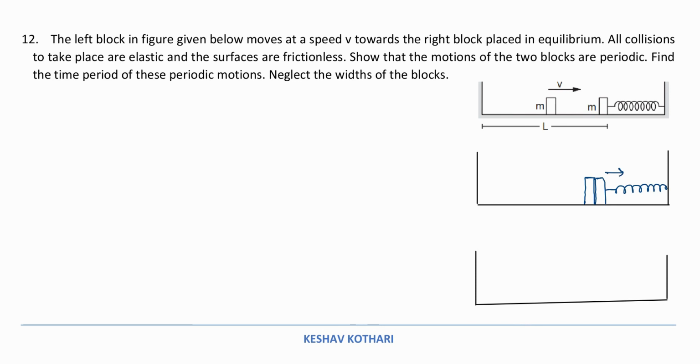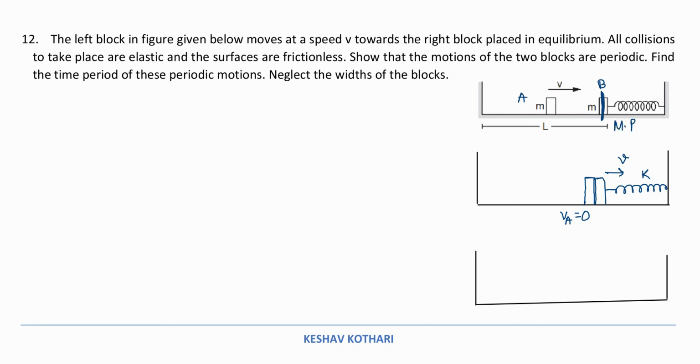So if I name these as A and B respectively, A comes to a halt and B starts moving with this velocity v in the other direction. So if I consider this as the mean position of B at which it is at rest, this is the mean position of B.